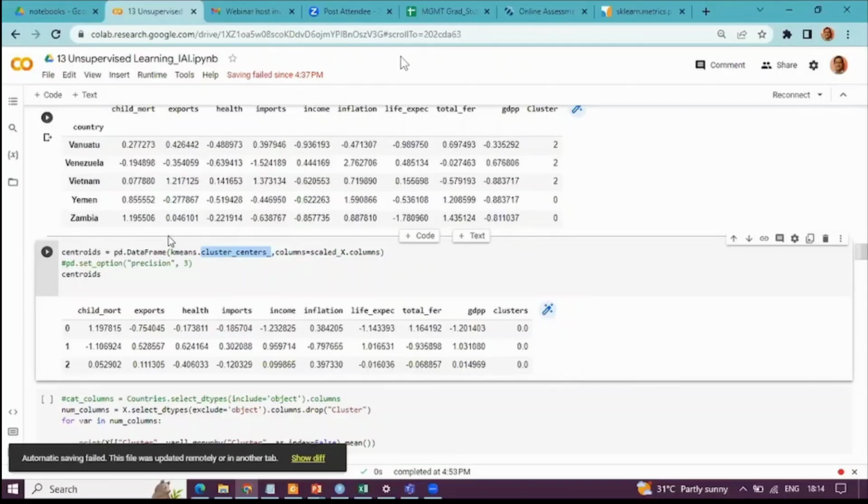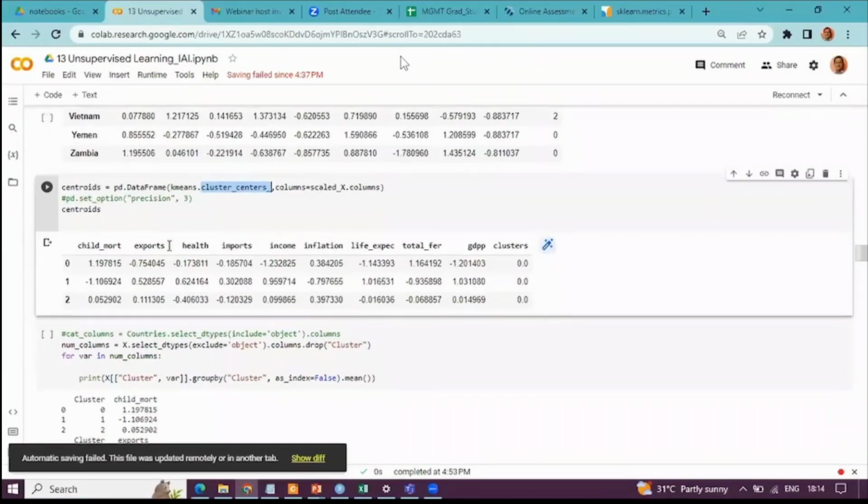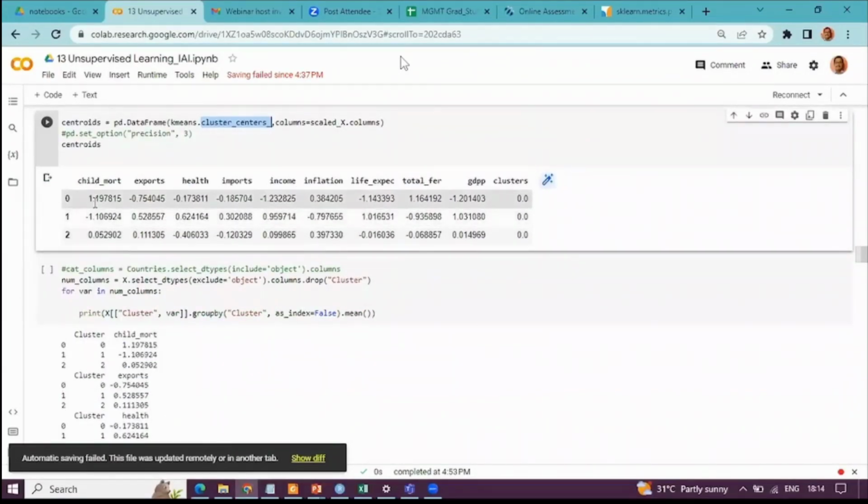Now, how do I interpret that cluster center? You could see here child mortality, when I took the average child mortality of the countries that are a part of cluster 0.